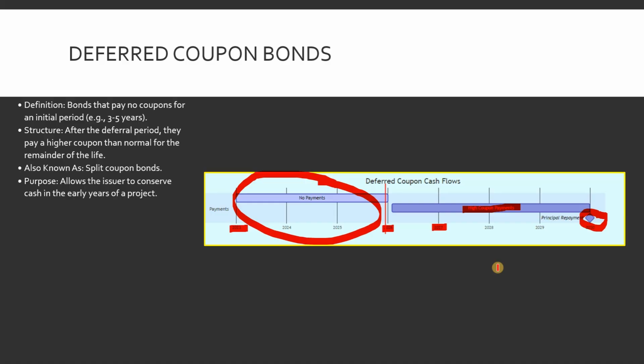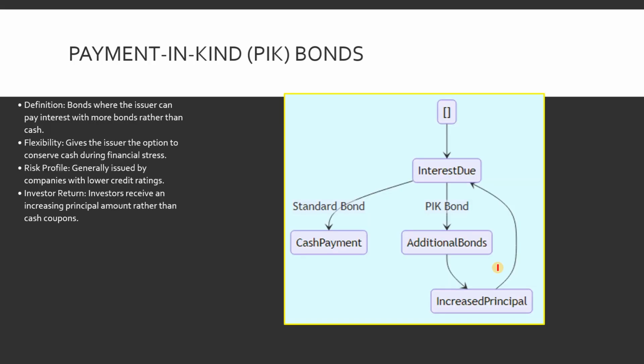Now let's talk about PIK bonds, payment in kind bonds. A variation of the deferred structure is the payment in kind, or PIK, bond. With a PIK bond, the issuer has the option to pay interest not in cash but by issuing more bonds or securities. Essentially, they are paying you with more debt. This allows the issuer to save cash for operations or capital expenditures.